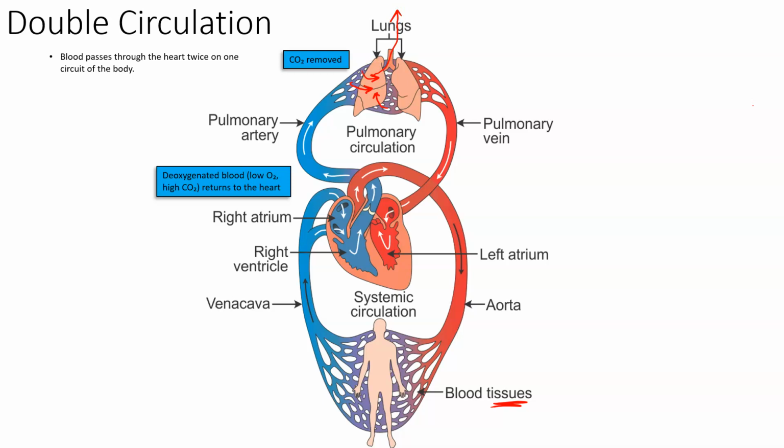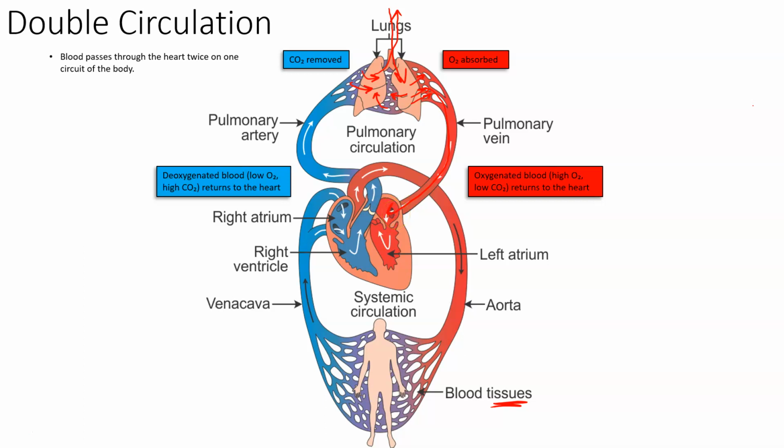At the same time, O2 is going to be coming into our lungs, and oxygen is going to be diffusing into the blood at these capillary beds so that oxygenated blood is returned to the heart, okay? And it's going to be returned to the heart and dump into the left atrium.